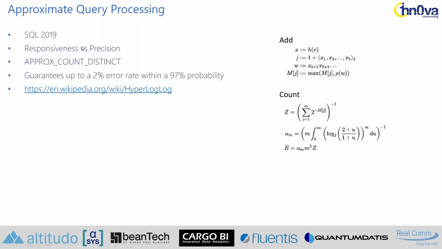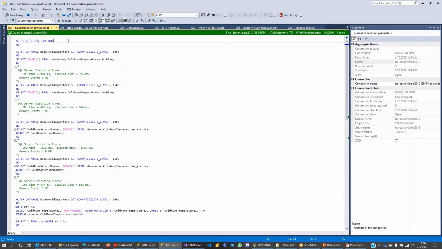So it gives us a way to return, much faster and with less memory used, an approximate value of the count distinct of a column in a presumably large table. So let's see this.